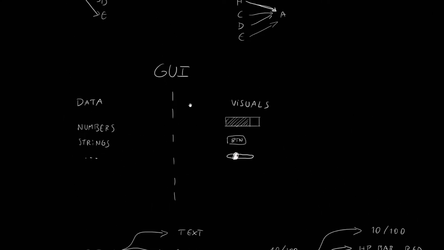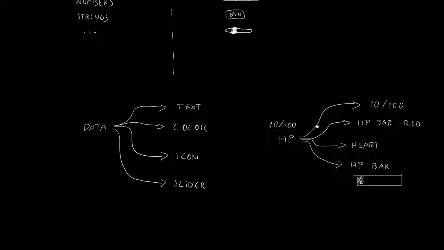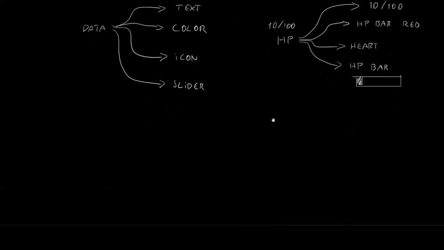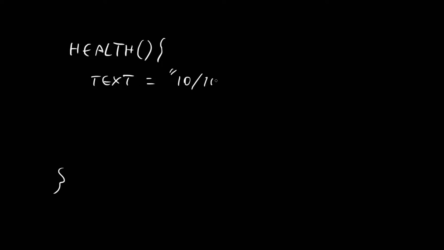Now, what do we have here? We have this way that I'm representing it. So what does this mean? In code, we would represent this as something like our health class or health function, doesn't matter. And we have here some HP or some kind of function. Let's just do it as a function like that. And then we would do something like text equals 10.